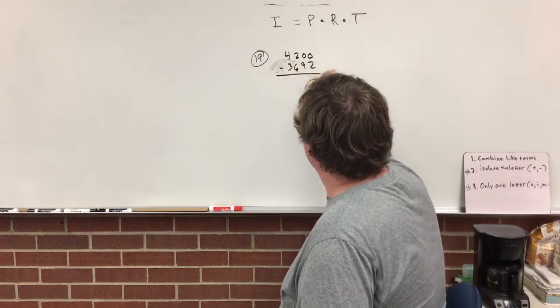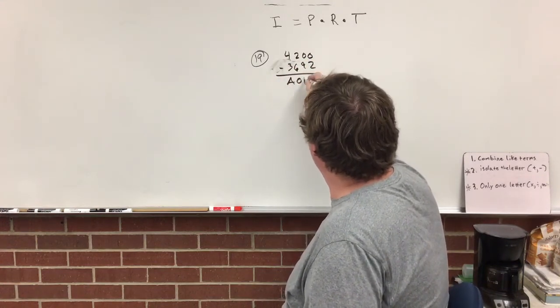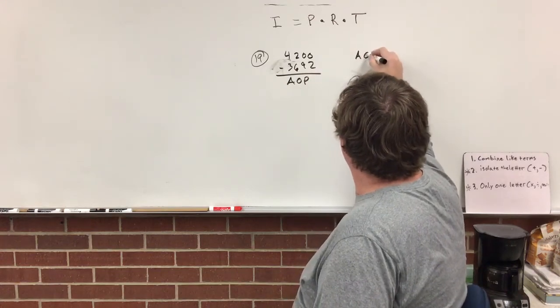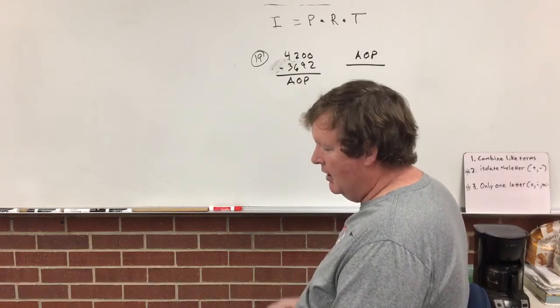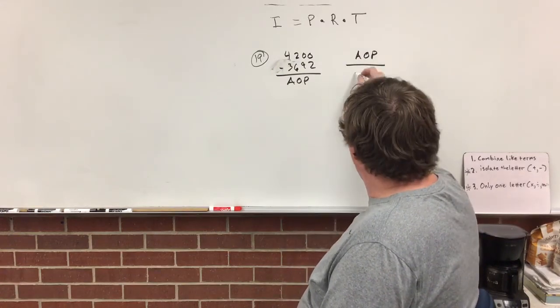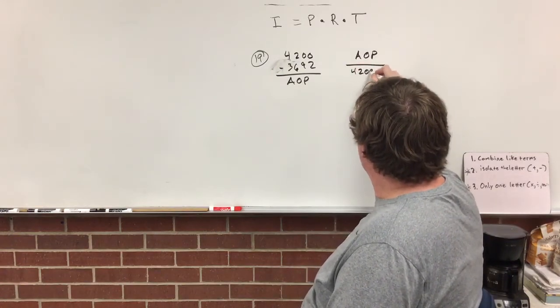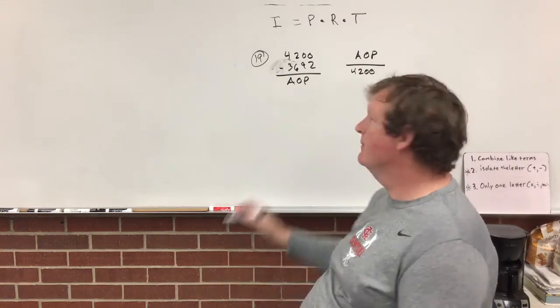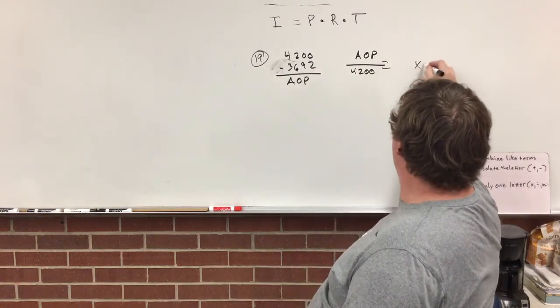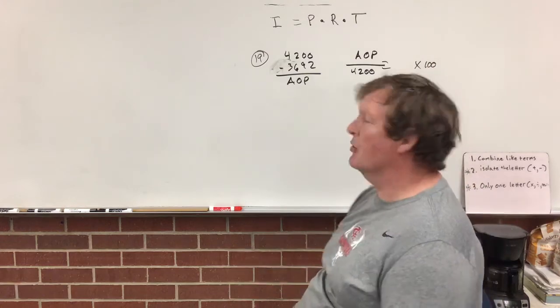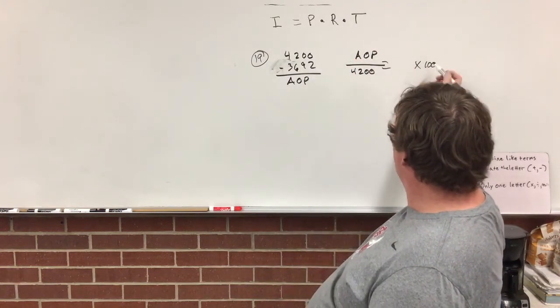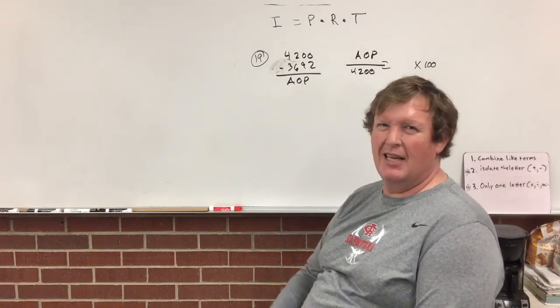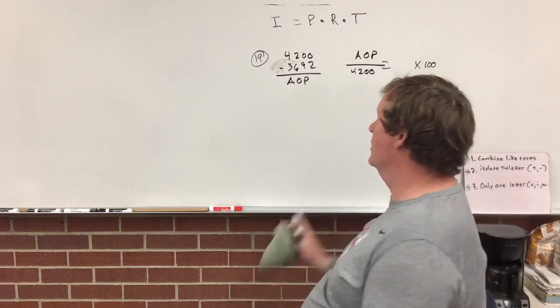That gives us the AOP, or the AOC, and then we divide that by how much they paid, the original amount. At the end, you multiply it times 100, and that'll give you your percent. So subtraction, divide, multiply. You kind of see that same pattern in a lot of our problems here.